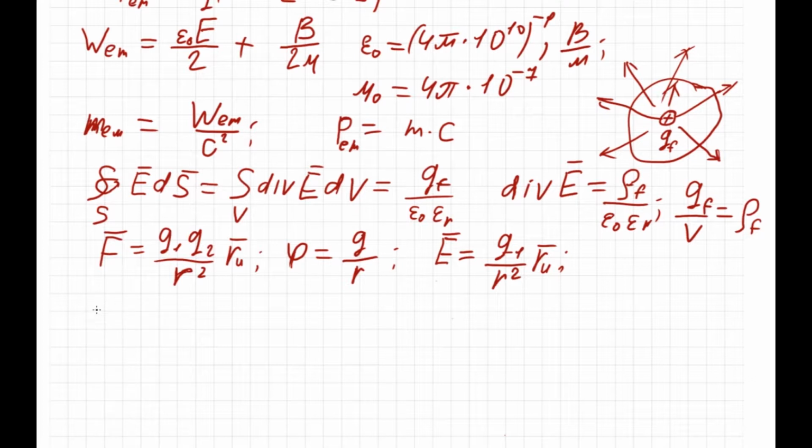An electric field energy is expressed by this formula: energy electric equals integral Q, Q is a charge, multiplied by integral from point 1 to point second of electric field multiplied by differential r, differential of distance.